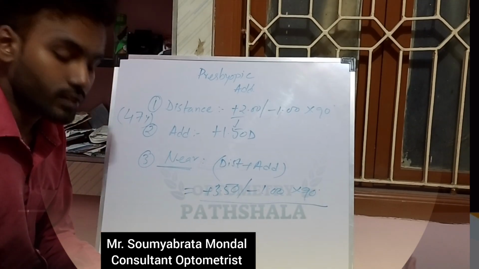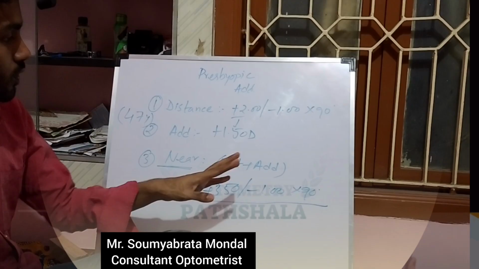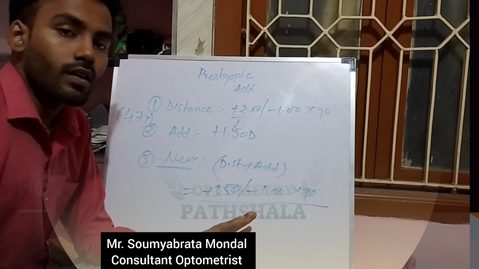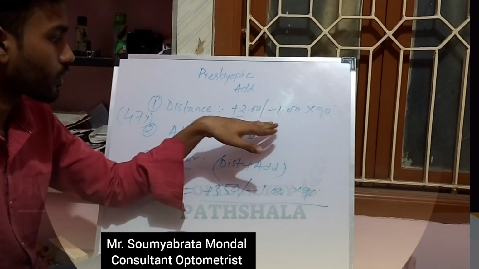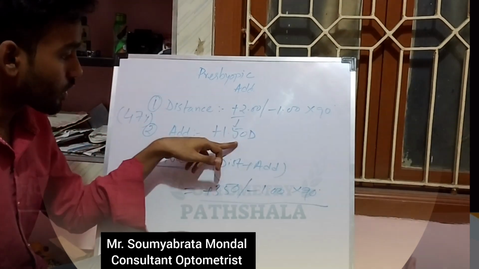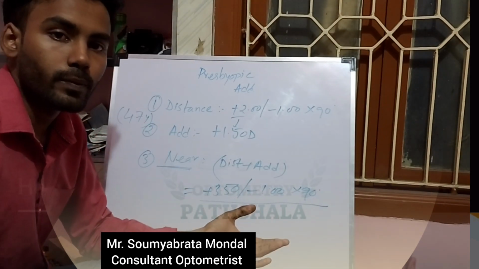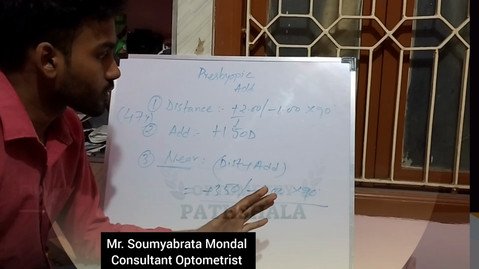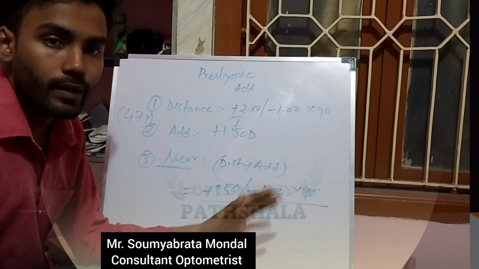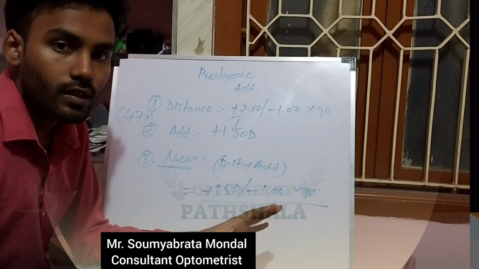So what is the confusion now? Sometimes you do the refraction and get this power, and you explain about progressive or bifocal glasses, but the patient is not interested in bifocal glasses. The patient needs only near vision correction.